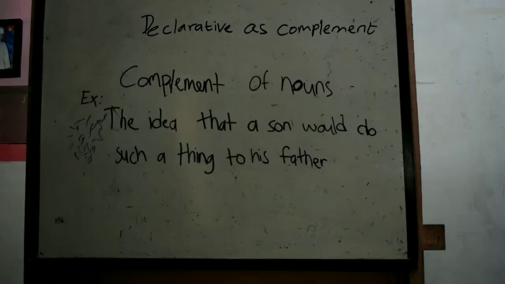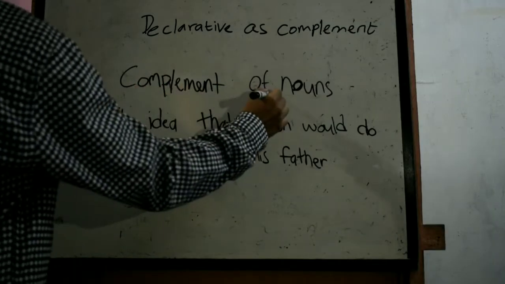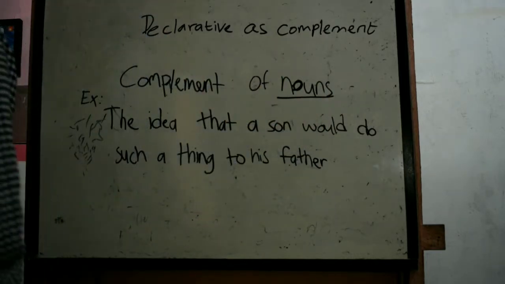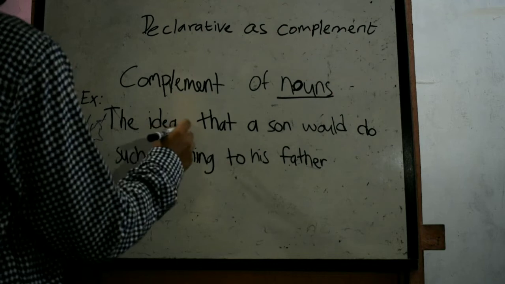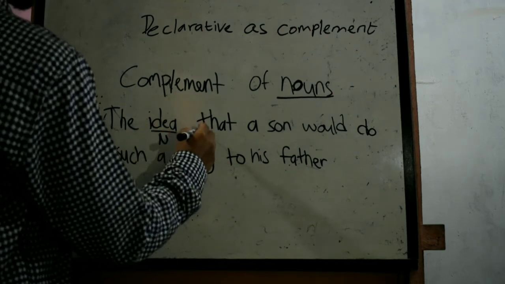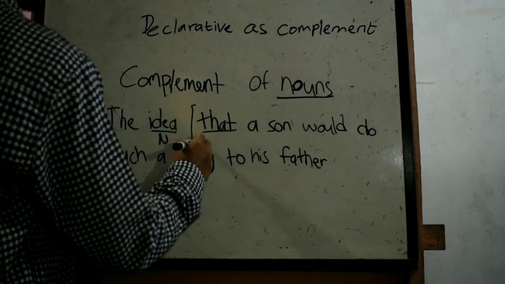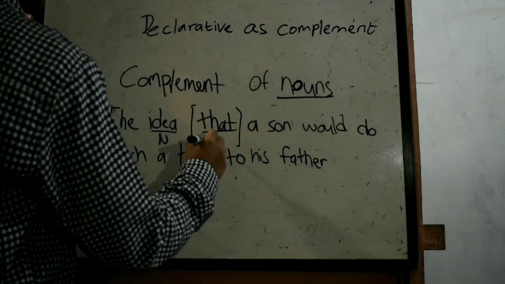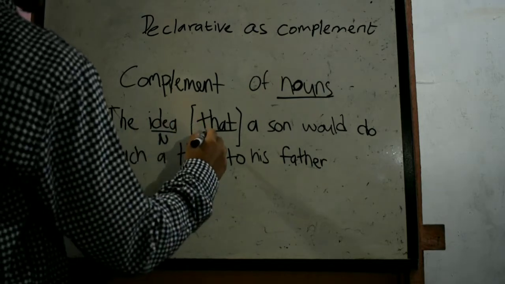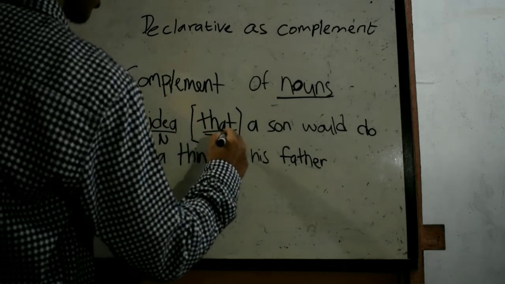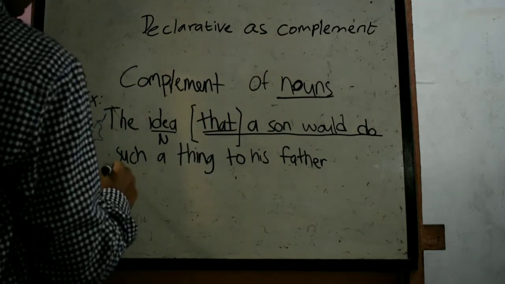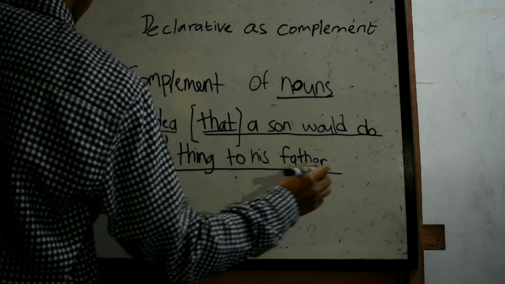The next is complement of nouns. We can identify it by there being a noun before subordinate that. And there is a complement, someone will do such a thing to his father.